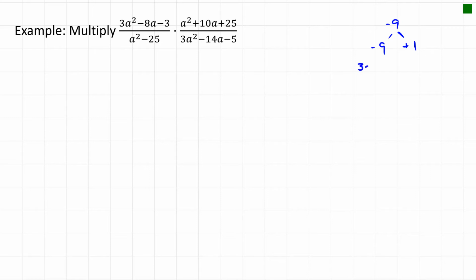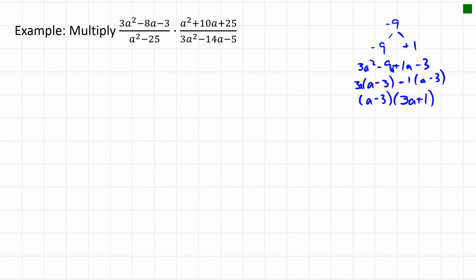So I'm going to do 3a squared minus 9 plus 1a minus 3. And then I factor by grouping. So I get a minus 3 times, oh, whoops, I didn't take away an a there. That's really important. So that leaves me with 3a plus 1.